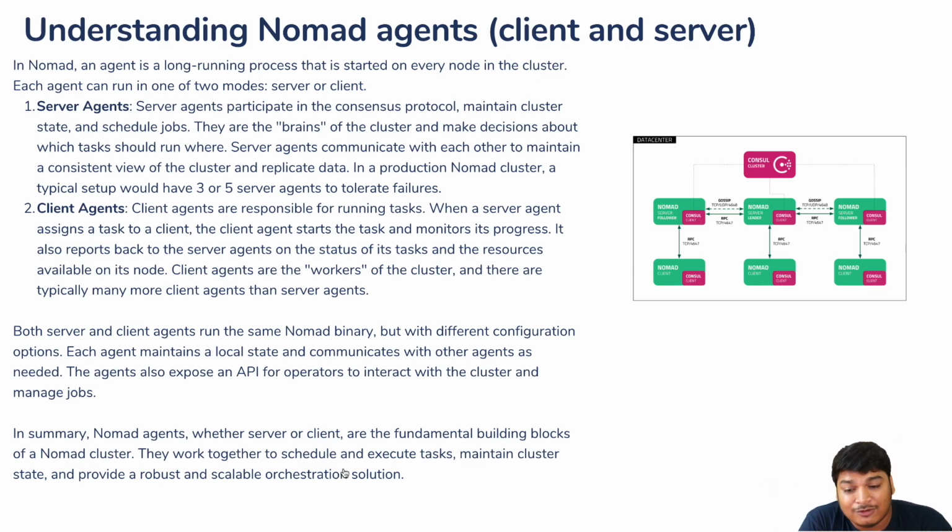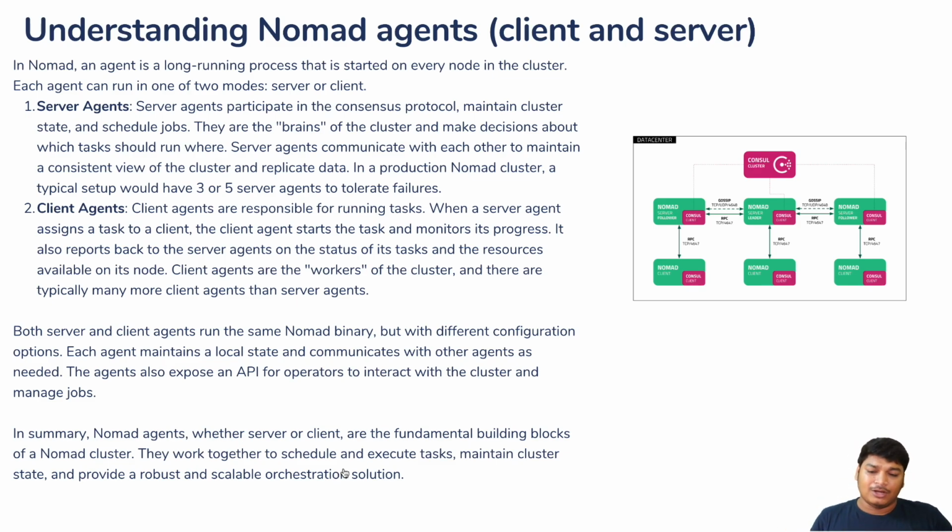Now both server and clients run the same Nomad binary, but with different configuration options. Each agent maintains a local state and communicates with other agents as needed, and the agents also expose an API for operators to interact with the cluster and manage the jobs.